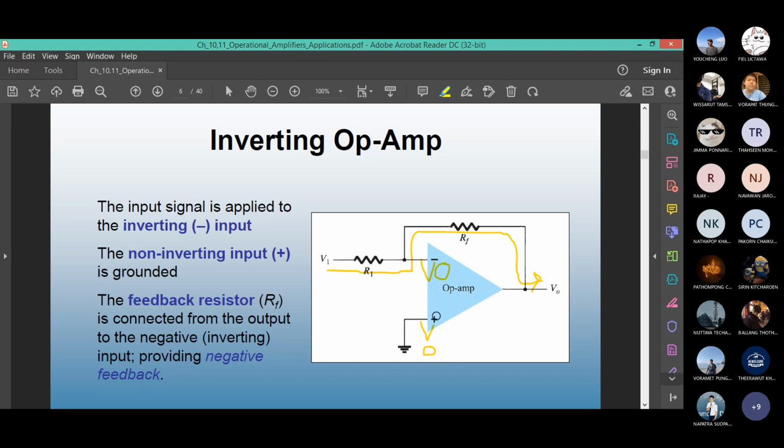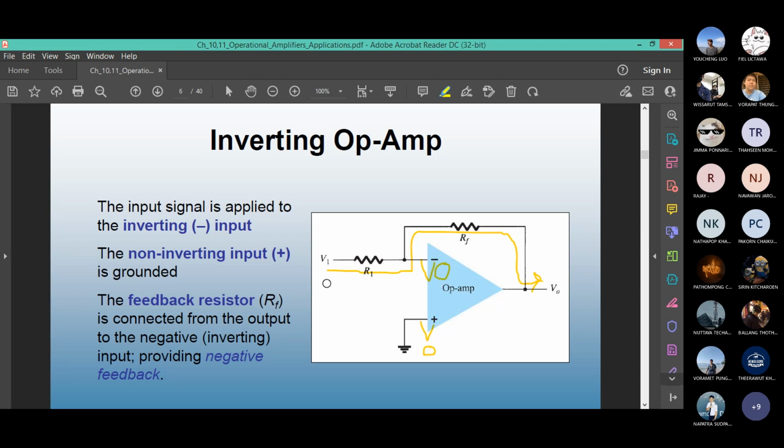If this is 0 and this is 0, it will make you think that there is a short circuit. If there's a short circuit from minus to plus, there's a connection and there's a current, but this is just a virtual concept. In reality, there is no short circuit. That's why it's called a virtual ground.